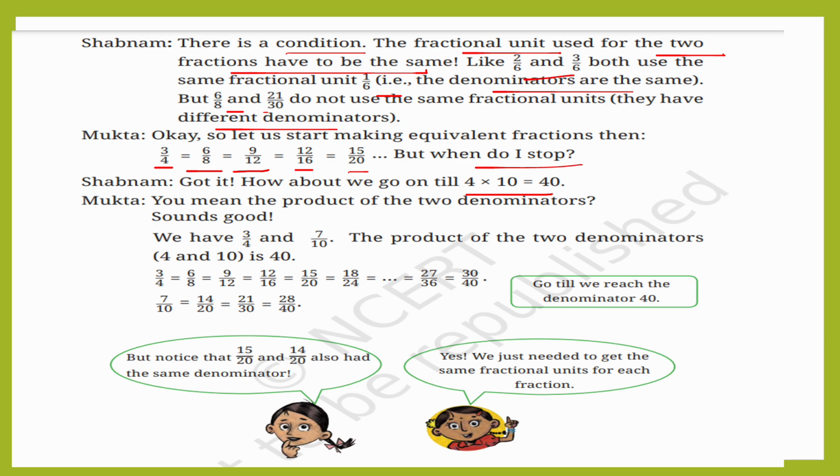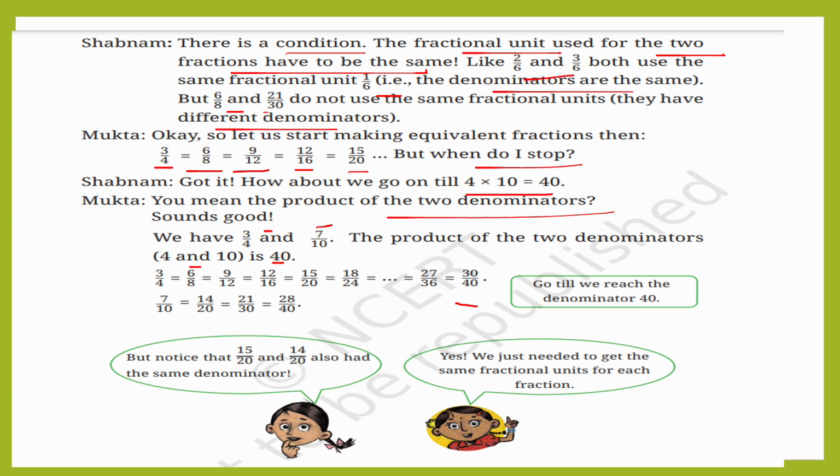Mukta, you mean the product of the two denominators. Sounds good. We have 3 by 4 and 7 by 10. The product of two denominators, 4 and 10, is 40. See, 3 by 4 is equal to 6 by 8 is equal to 9 by 12 is equal to 12 by 16 is equal to 15 by 20 is equal to 18 by 24 is equal to etc. up to 27 by 36 is equal to 30 by 40.